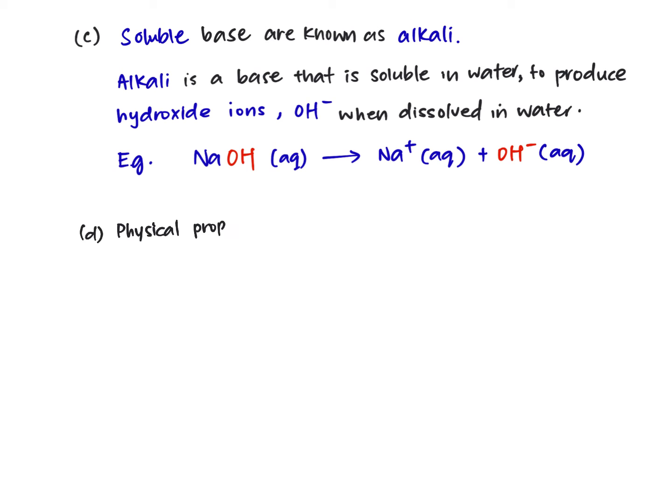Let's look at some of the physical properties of alkalis. First, they have a bitter taste. Second, the pH is more than 7.